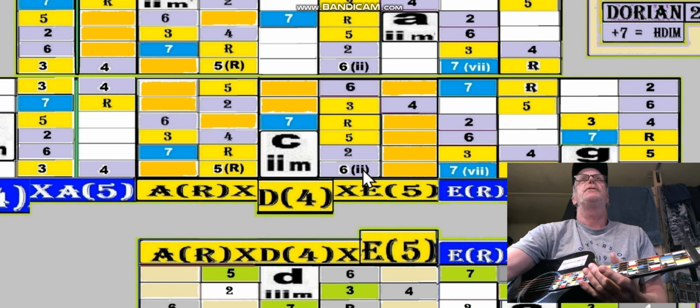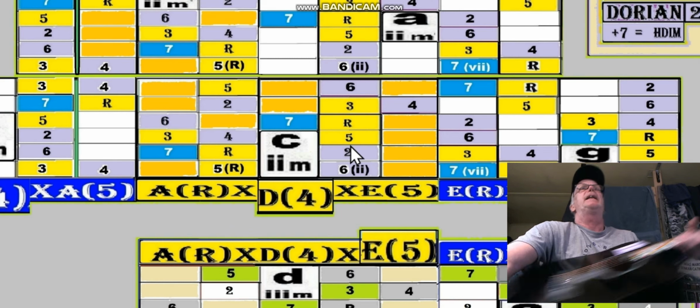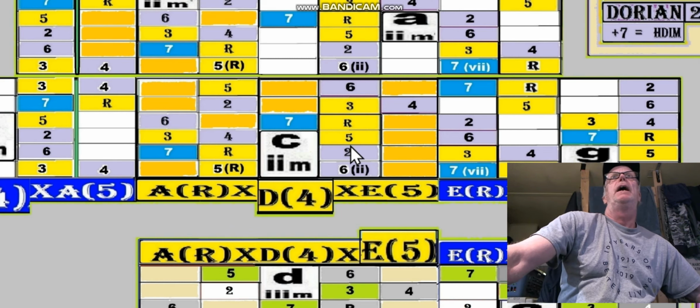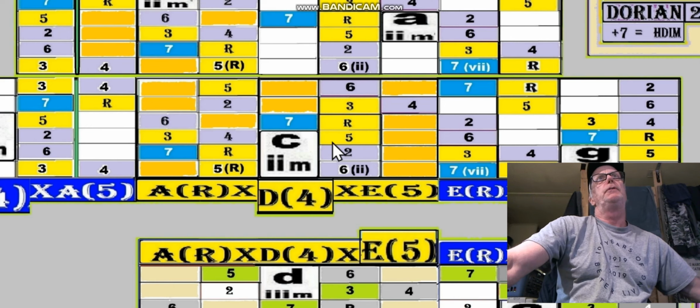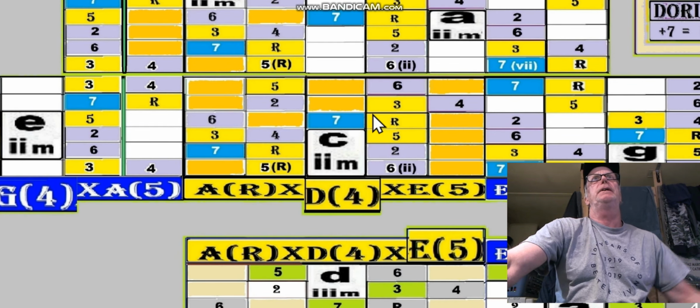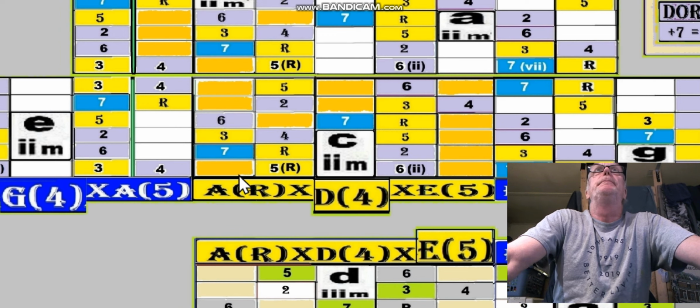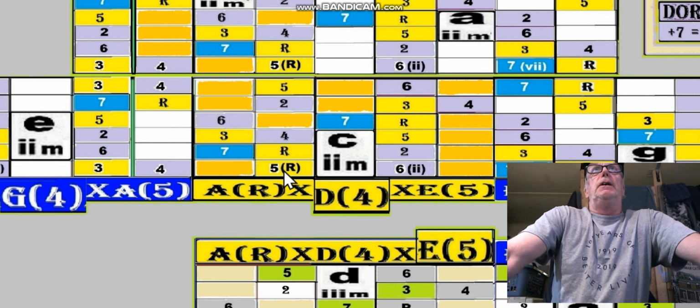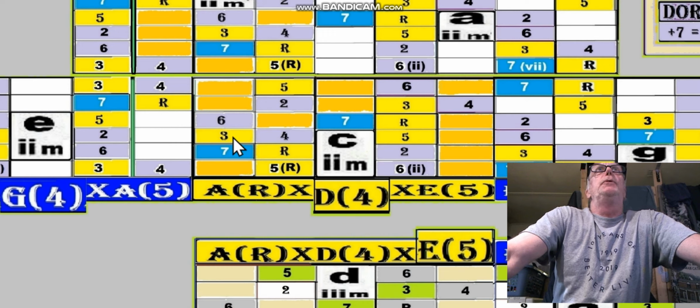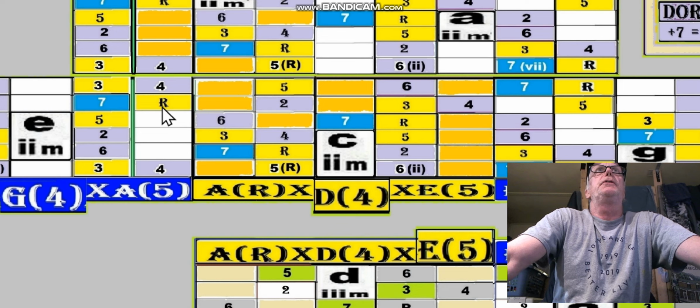And this is the same shape that is. As a matter of fact, the real C, the real deal, isn't far away. Here it is, what I just played. 5, root, 3, 5, and then it goes into a little D shape because of the tuning warp.